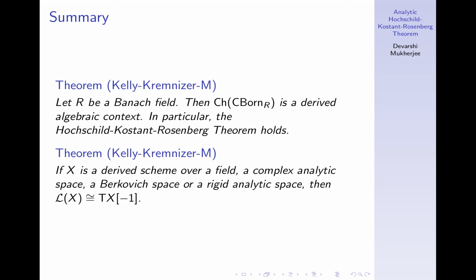So it has all the ingredients needed to do geometry relative to a symmetric monoidal category. Using that, we can globalize all these results to get the same statement about a complex analytic space, a Berkovich space, or a rigid analytic space. For any such space, the loop space is the same as the shifted tangent space. That's where I'd like to stop.